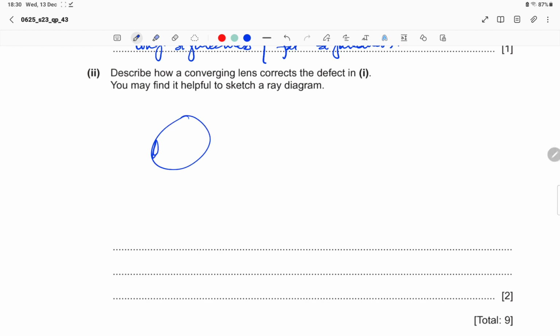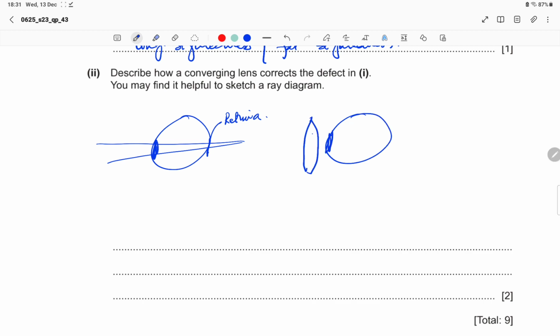Okay, if this is your human eye, the image is going to be formed behind the retina. So this is your retina. So the person cannot see things correctly. So basically what you do is you put a converging lens, so then the images are made on the retina, and the object can be seen correctly.